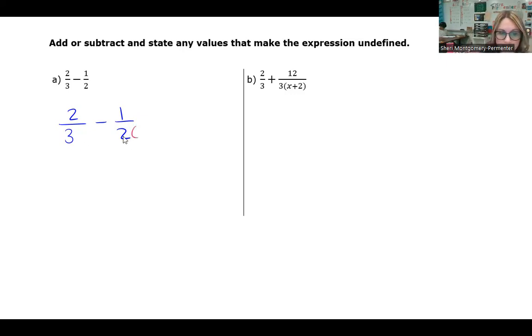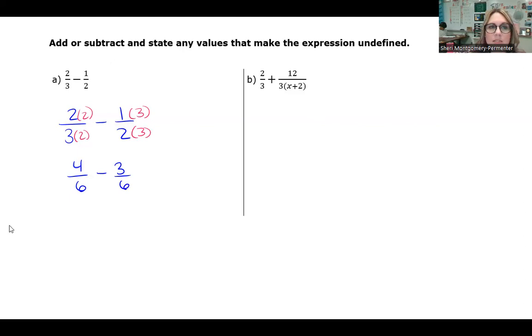So I need to multiply by 3 over 3. This fraction has a 2. This one doesn't have a 2. So I need to multiply by 2 over 2. So the first fraction turns into 4 over 6 and 3 over 6.